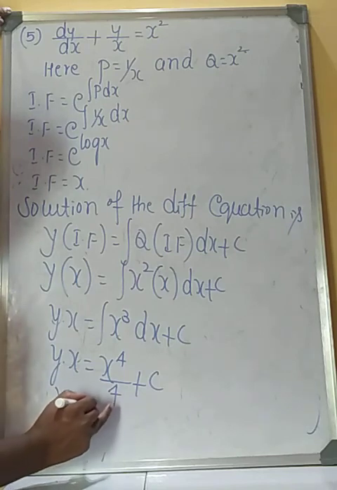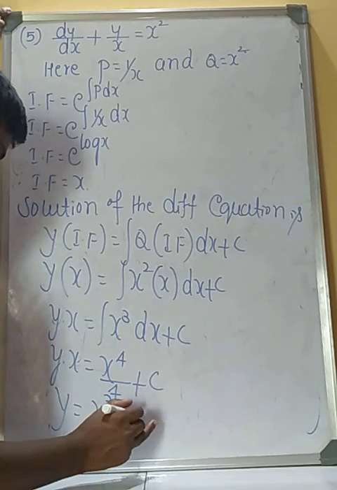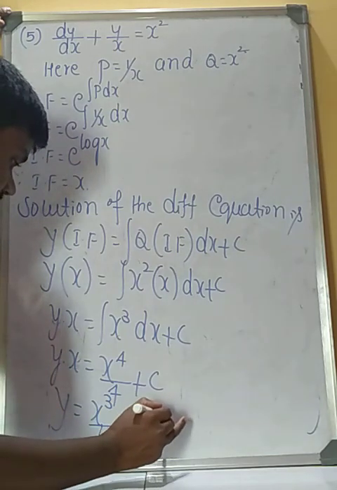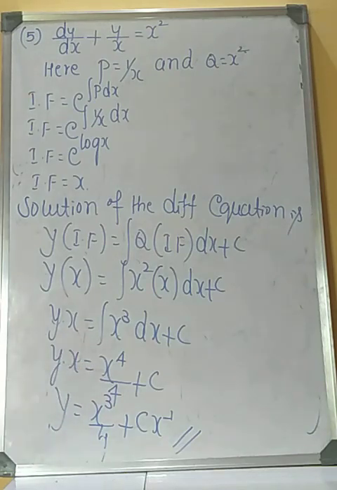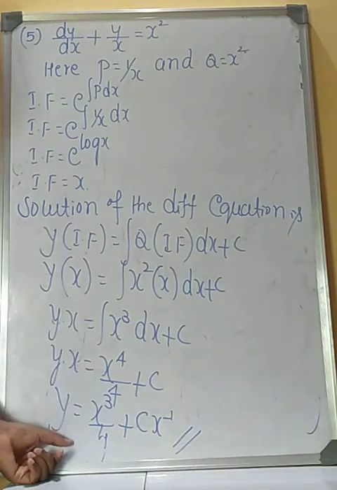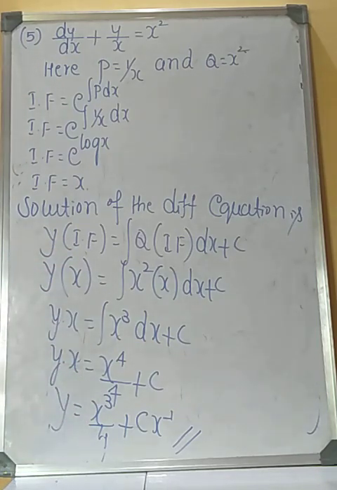Therefore, y is equal to x cube by 4 plus c into x to the power of minus 1, or c by x, which is the required general solution of the differential equation.